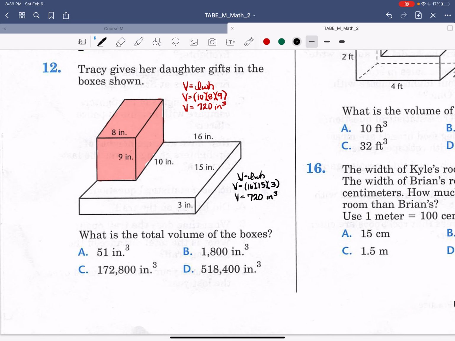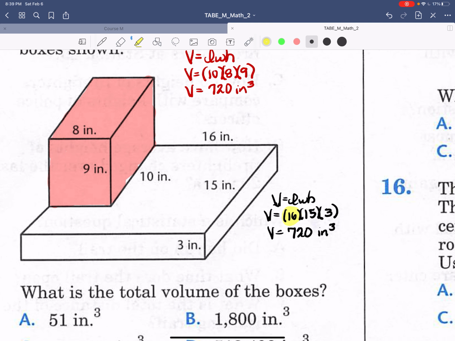Let's see here. I got 720. I see it. Do you see it? Let me tell you where it is. Maybe you can. It's right here. The problem is with that 16.